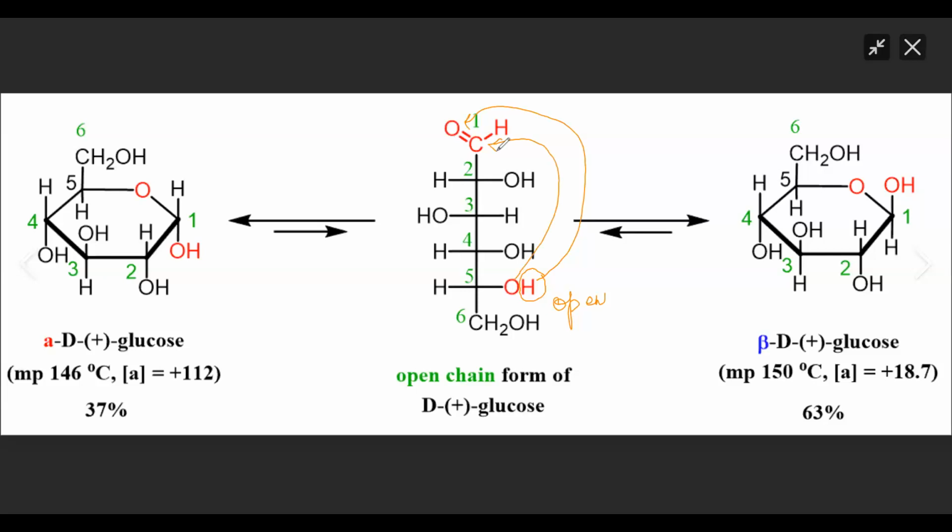So there is formation of an oxygen linkage between the first carbon and the fifth carbon, and because of that it gets a cyclic structure, right? Yes, sir.